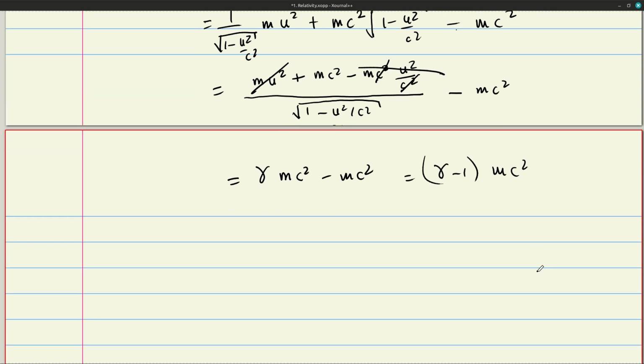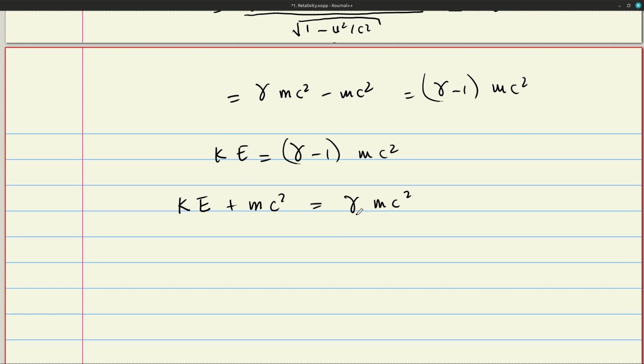Okay, so this is the kinetic energy, gamma minus 1 mc squared. Now I want to define from the kinetic energy something called total energy, right? I can take this minus mc squared, like I can define something like this: kinetic energy plus mc squared is equal to gamma times mc squared.